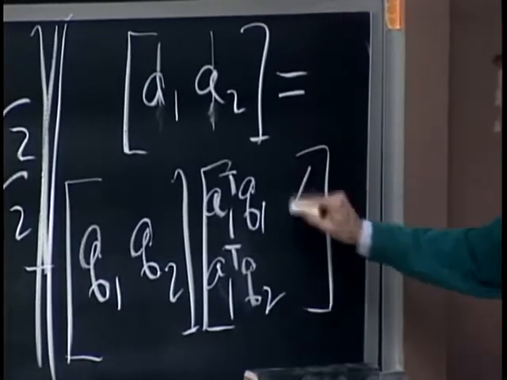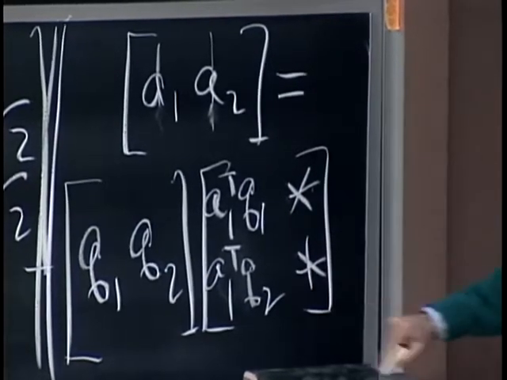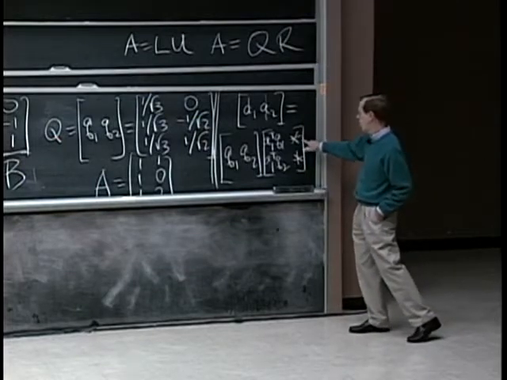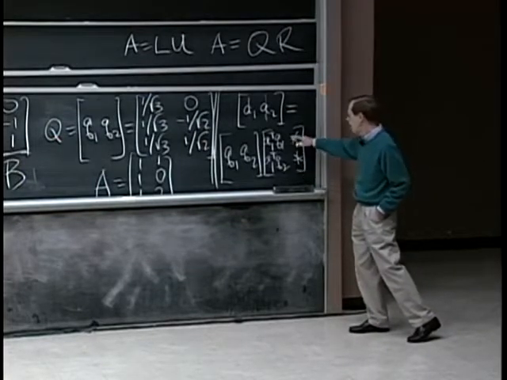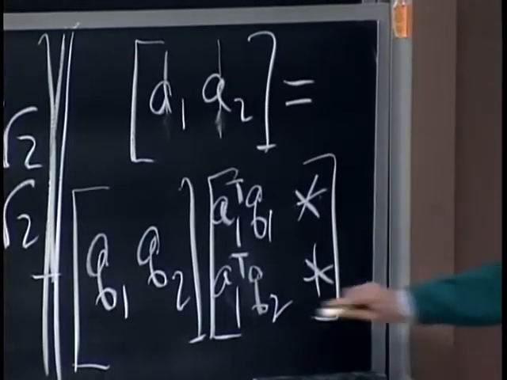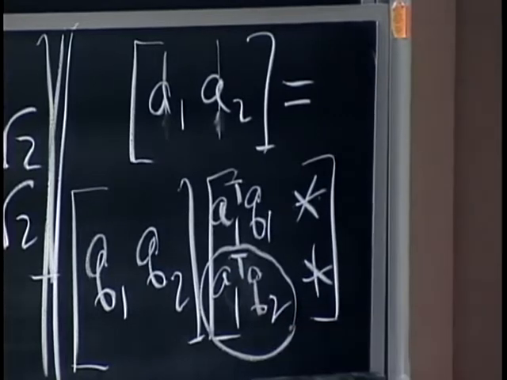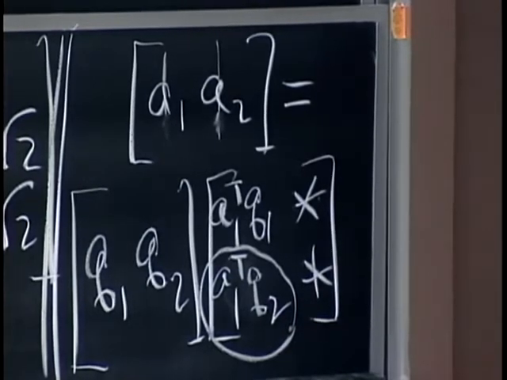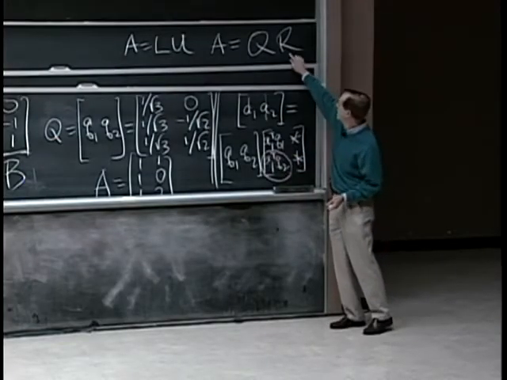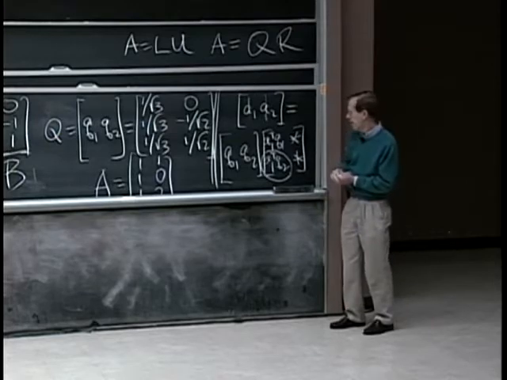And this will be something here with A2 transpose Q1, and this something with A2 transpose Q2. But why is that guy 0? Why is A1 transpose Q2 0? That's the key to this R being upper triangular.